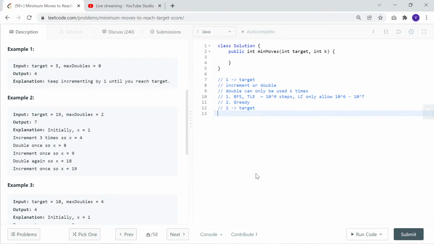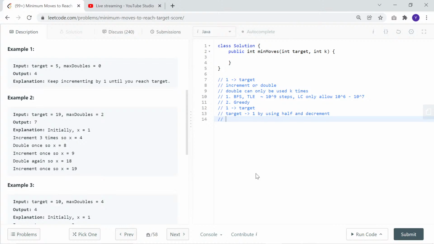But there's another way of thinking: we can go from the target and see how many steps we need to go to 1 by using half and decrement. So these two ways should be equivalent. Then we just find the minimum number of steps to reach 1.